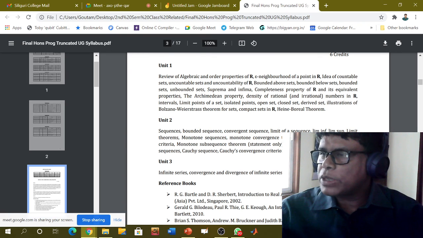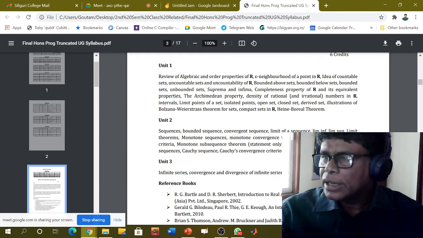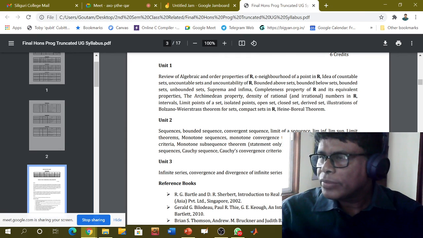Then the completeness property in R and its equivalent properties, that is, the well ordering principle, have been discussed. Archimedean property and density of the rational and irrational numbers in R are also covered. Now I am here: open sets, intervals, and neighborhoods. The epsilon neighborhood of a point has been covered here.